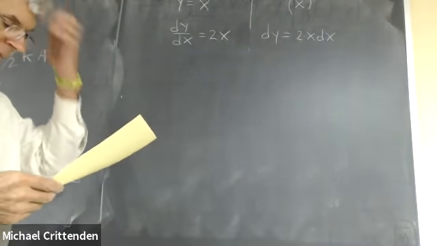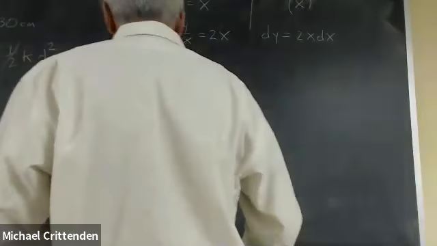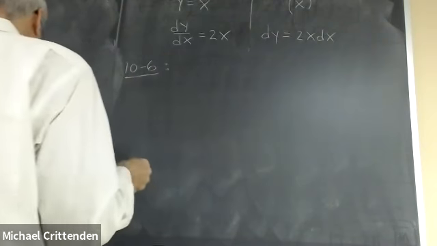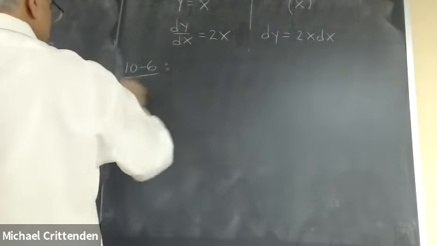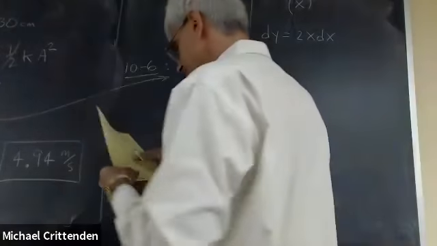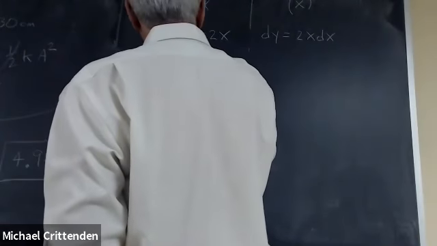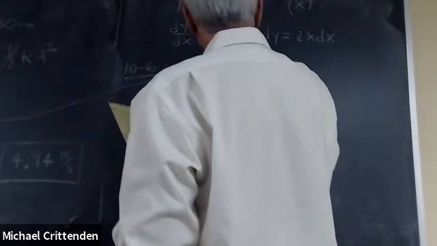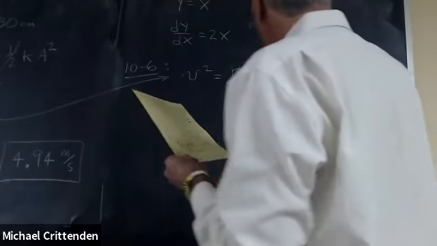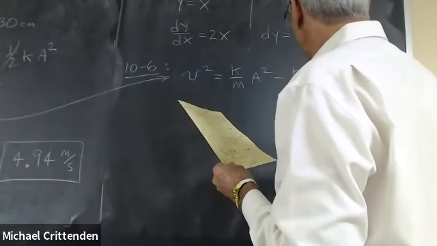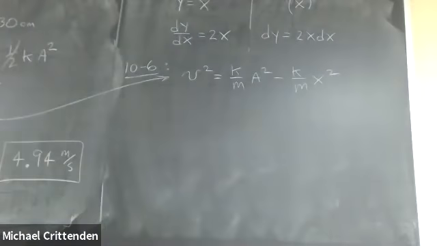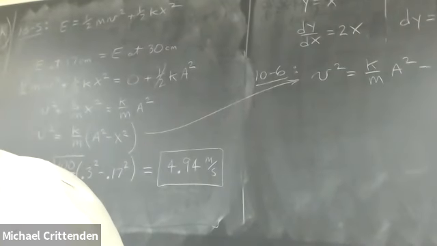But anyhow, number 6. From the previous problem, we had v squared equals k over m a squared minus k over m x squared. See, that's what it said back there.